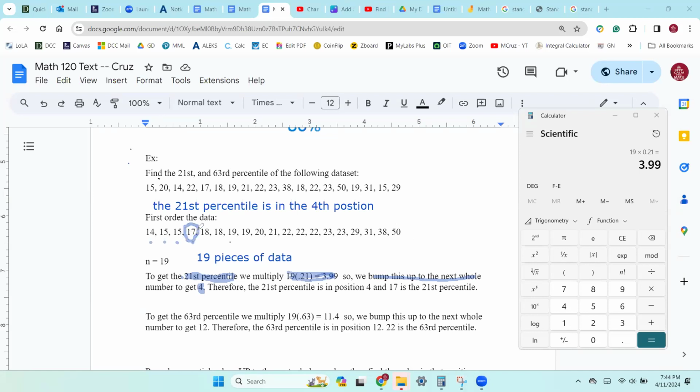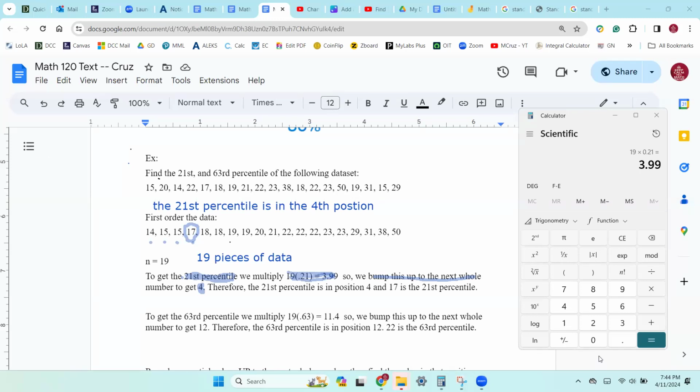There's the 21st percentile. So 21% of this data set is to the left of that 17. That's what that means.